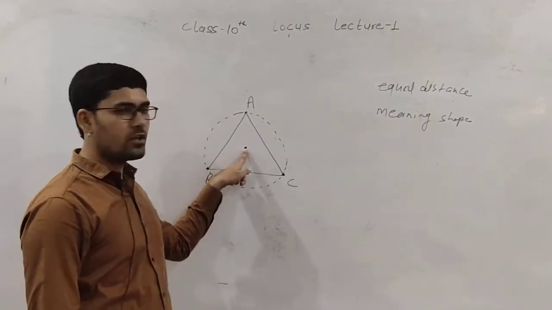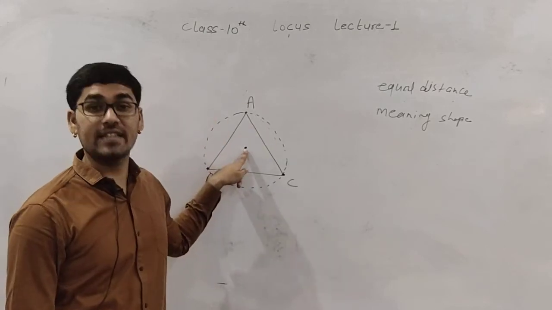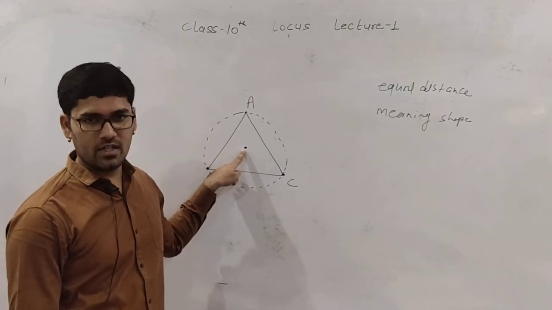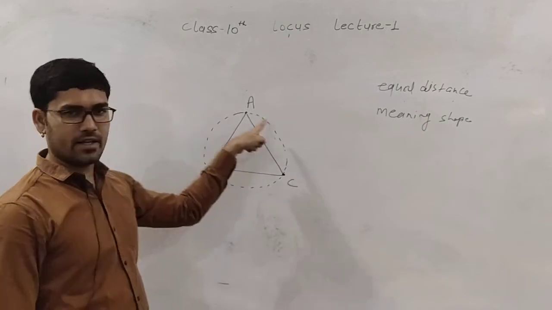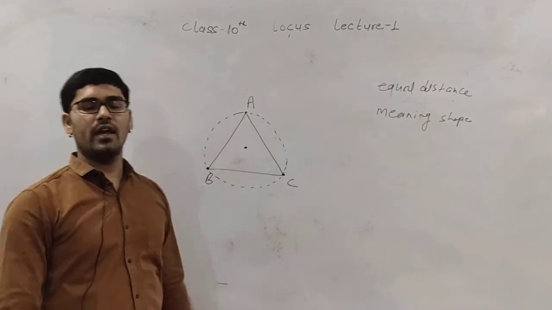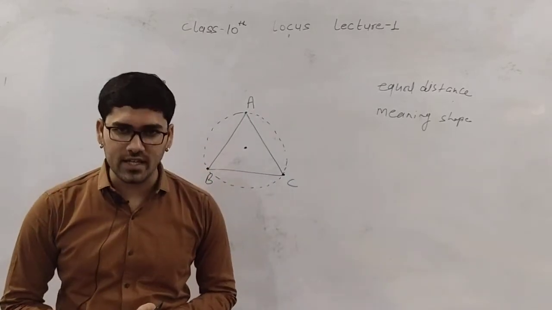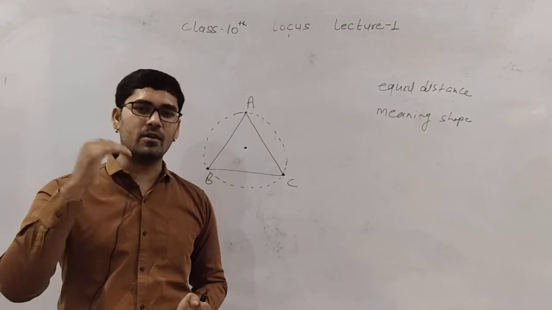So for this circle, this is the center of the circle, right? But notice one thing: the circle is made outside the triangle, and if the circle is made outside the triangle, that is known as a circumcircle. We will study this in a deeper way in chapter 14.